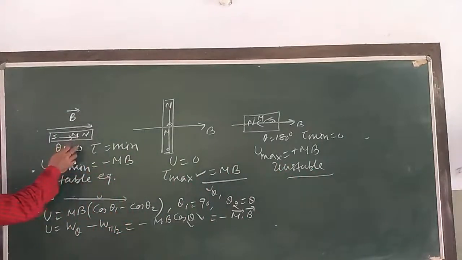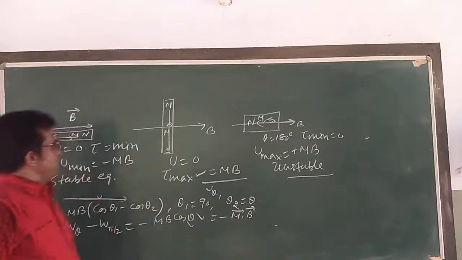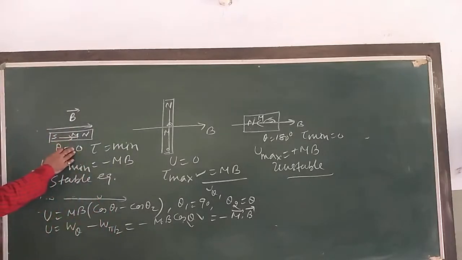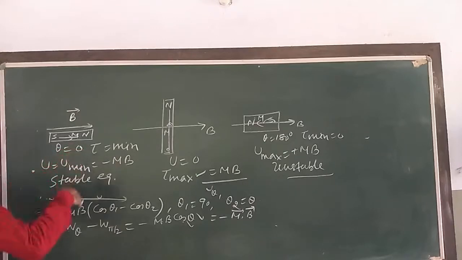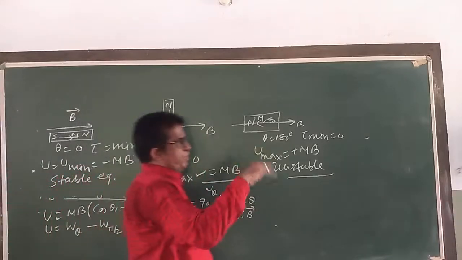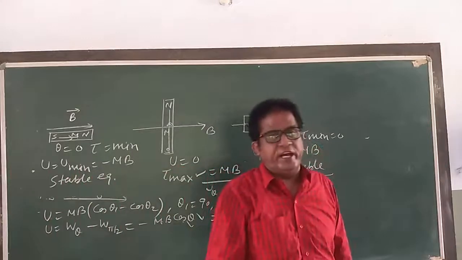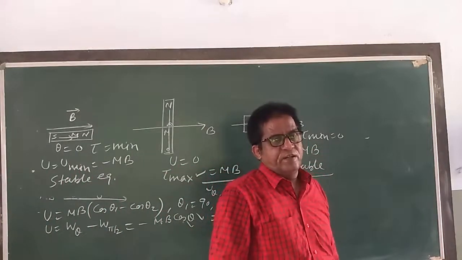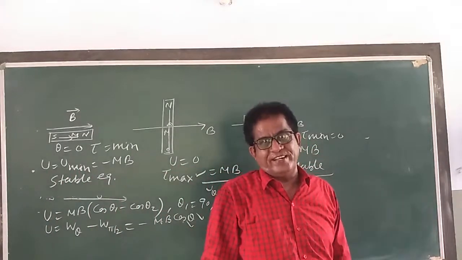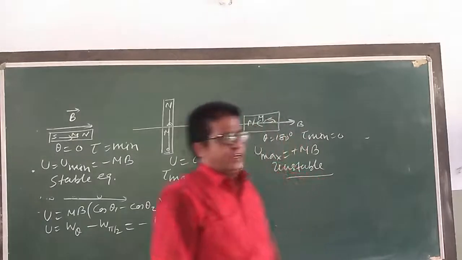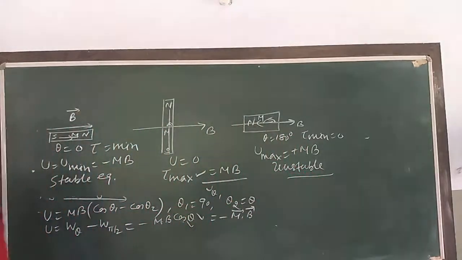So the potential energy of a bar magnet in a magnetic field is defined as the work done in rotating it from a direction perpendicular to the field to any given direction. We can turn it in whichever direction, to any given direction. For that we have to do work.